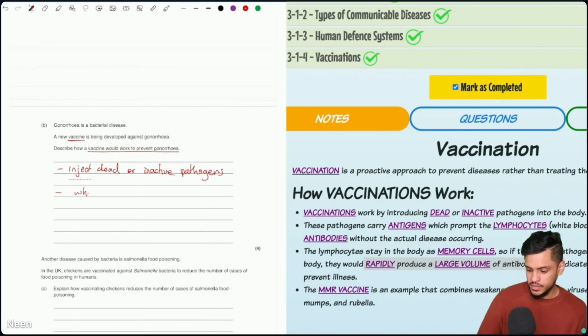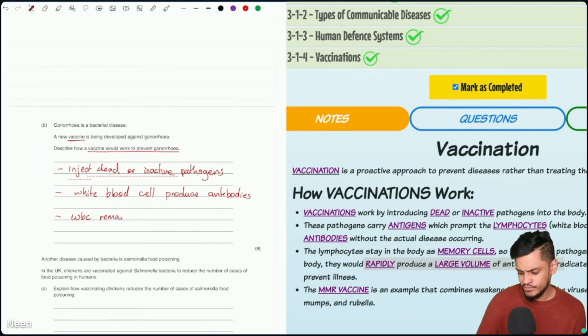You can mention white blood cells, or you can say lymphocytes, produce antibodies. And then the white blood cells, I'm just going to write WBC, remain as memory cells.